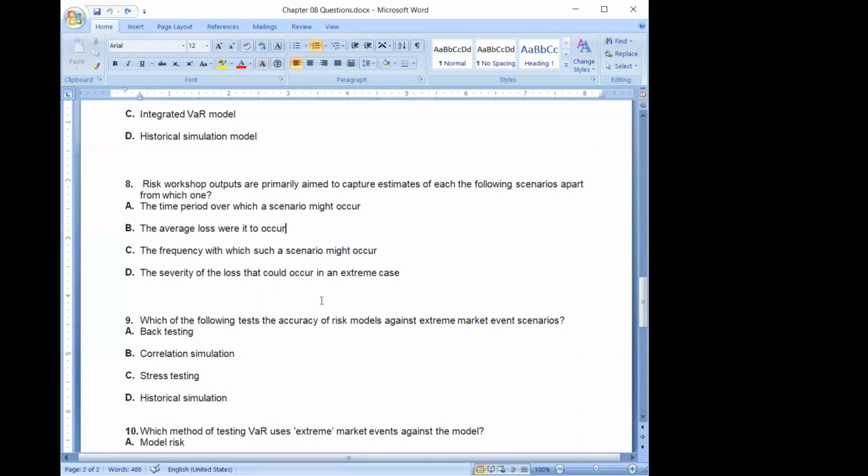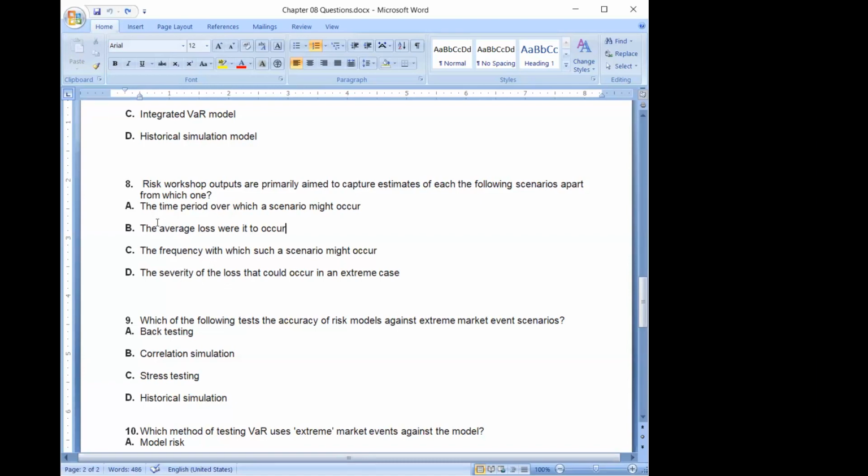Yes, when you are developing outputs, we look at the future scenarios, then we look at how much loss, the average estimated loss, how often it will occur, and what could be the loss in a severe or extreme case.